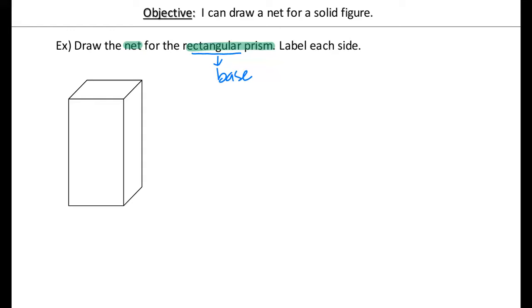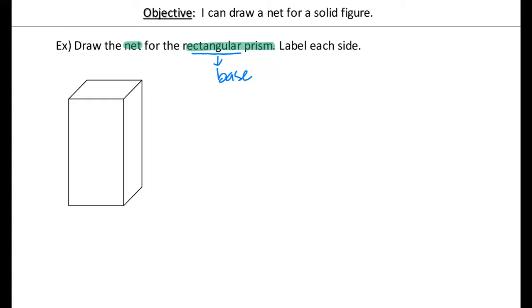So if I have a solid over here, you guys can see visually what it looks like. My solid, the base, well, this is not exactly a rectangular prism. This is a square prism because the bases are squares. But you can kind of just visualize this to be a rectangle instead of a square. I have the 2 bases are rectangles, and then I have the 4 sides are all rectangles.